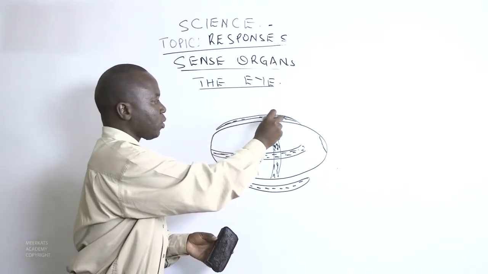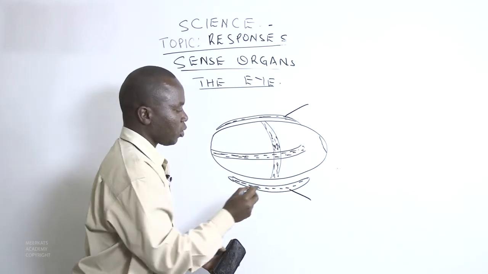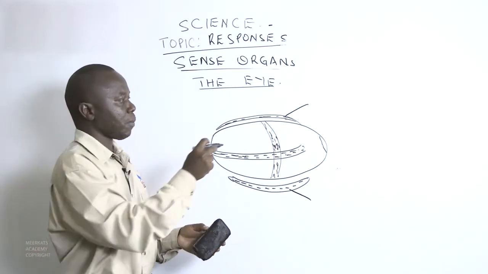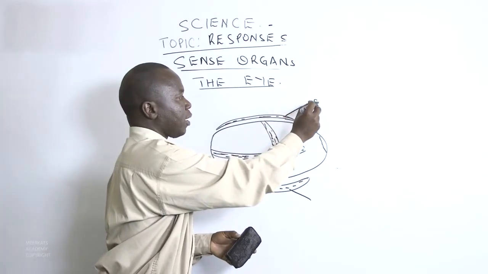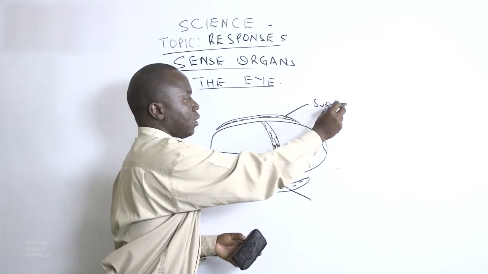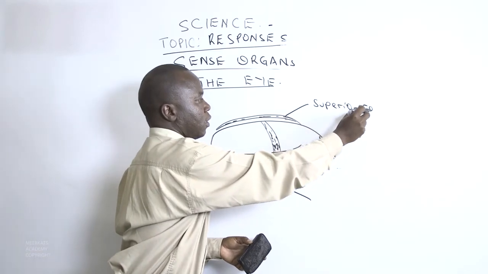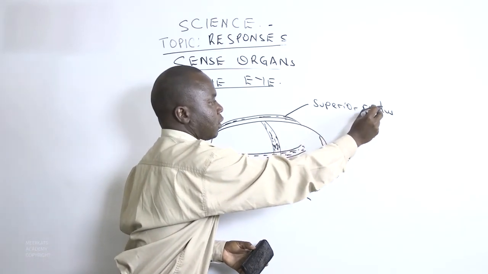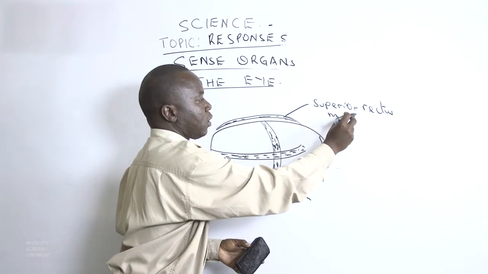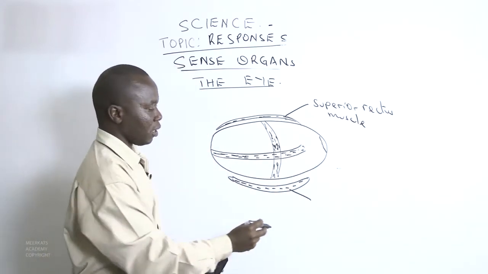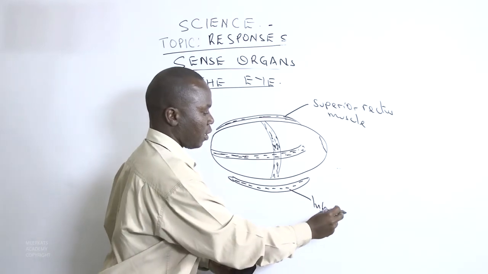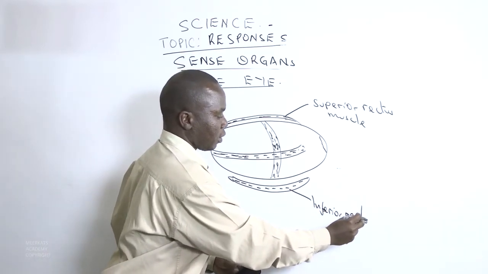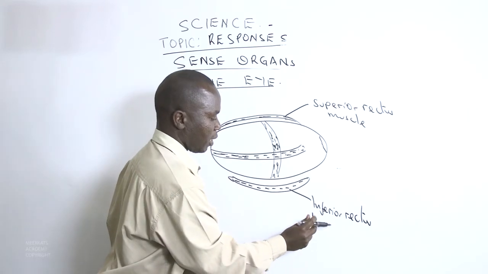Those muscles are called rectus muscles. The upper one is called the superior rectus muscle. The lower is the inferior rectus muscle.